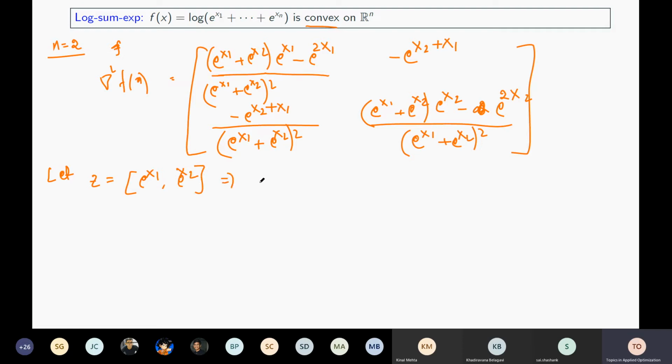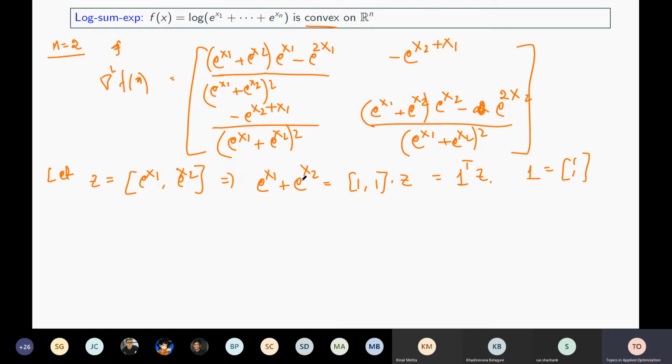So then this implies that ex1 plus ex2, I can write as the vector of all ones inner product with z. In other words, I can write this as 1 transpose z, where 1 is the vector 1 1. So I can write this compactly as 1 transpose z.